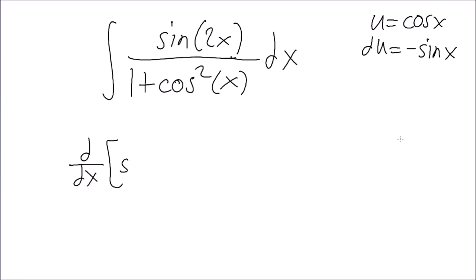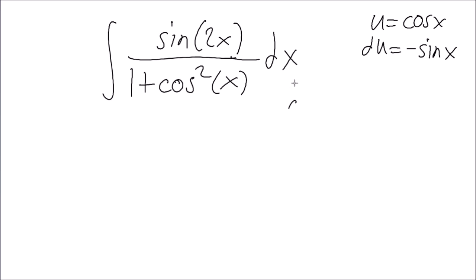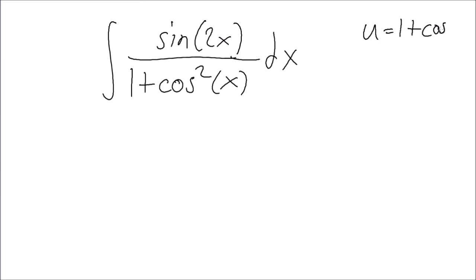So the actual fast way for this integral is u equals 1 plus cosine squared, so that du, well, 1 is just 0. But if you do cosine squared, then you get negative 2 cosine x sine of x. That negative comes from the derivative of cosine of x being negative sine of x.